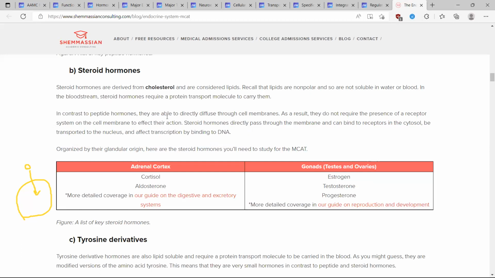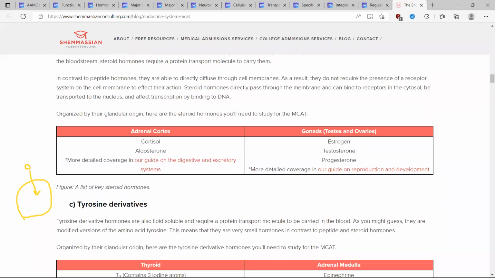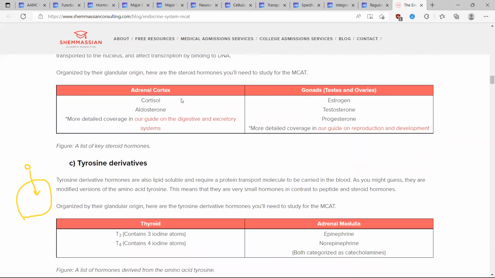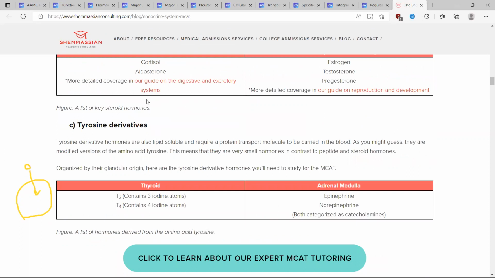So steroid hormones have an influence on that. What kind of steroid hormones do we see? We see cortisol and aldosterone from the adrenal cortex. We see the gonadotropic hormones: estrogen, testosterone, progesterone. We're going to talk a little bit more about how they work.